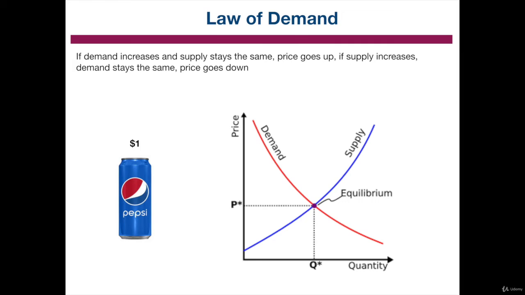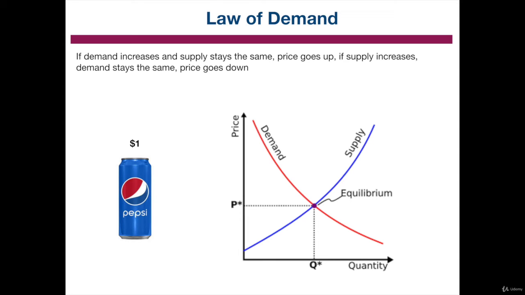Now let's have a look at the law of demand. It says if demand increases and supply stays the same, the price goes up, and if demand goes down and supply stays the same, the price goes down. Take Pepsi as an example. Let's say a Pepsi can is sold at $1 per can, and the market demand is 1 million cans per month as a normal case. If demand for Pepsi increases to 1.5 million cans, for sure the price will go up to $1.5 or even $2 per can.